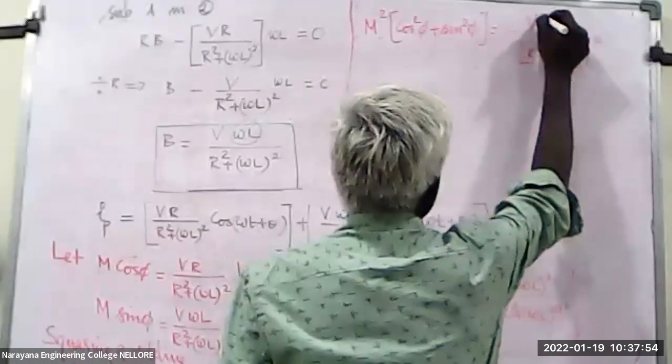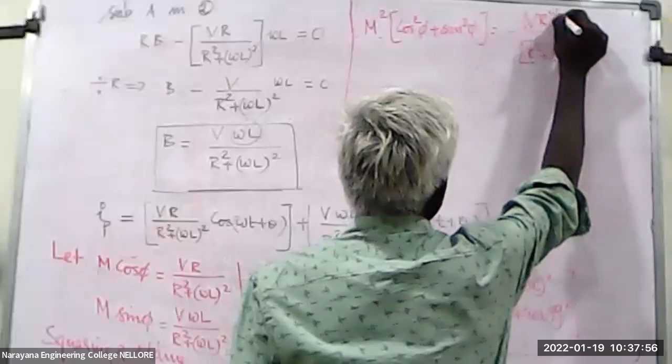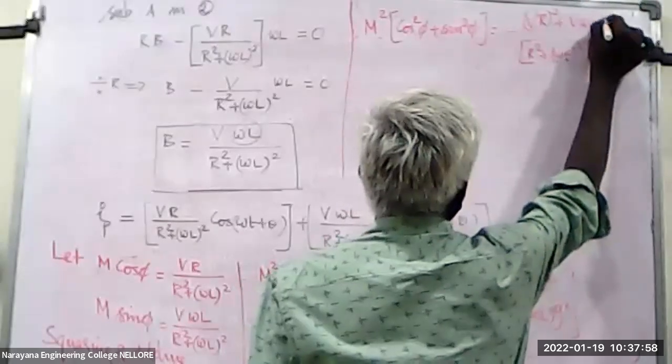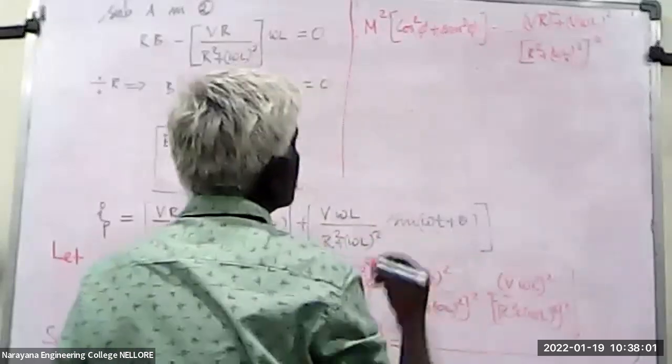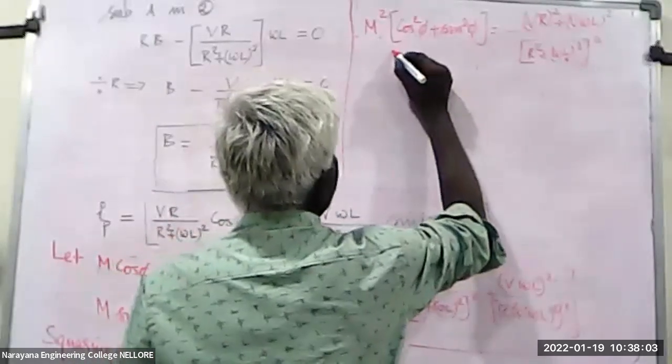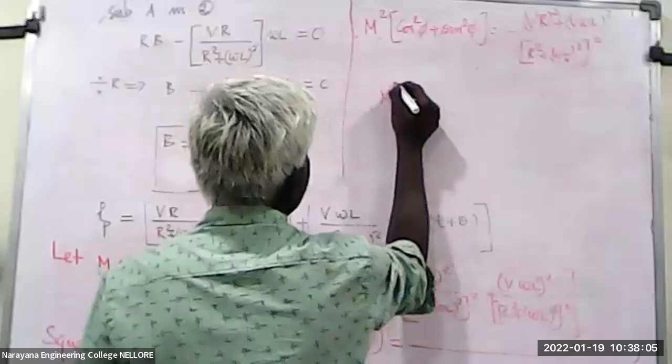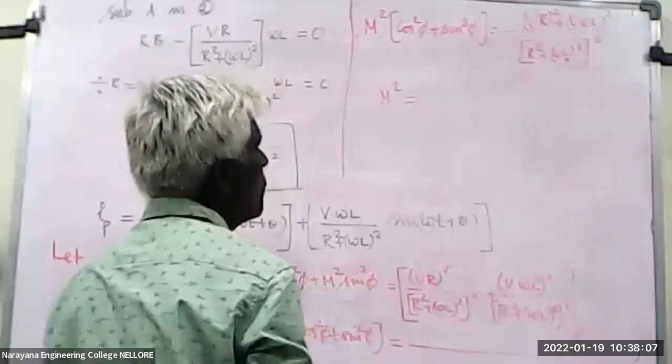In the numerator we get VR the whole square plus V omega L the whole square. So we know that this is having a value 1, so we have m square only on the left.